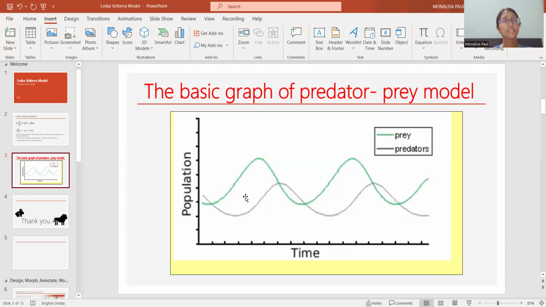Related to this, a concept called the Red Queen effect has been developed. Again, it is a concept of ecology. It has come from the Alice in Wonderland story, where Alice was told by a Red Queen that you have to keep on moving, keep on evolving yourself, so that nobody can harm you.